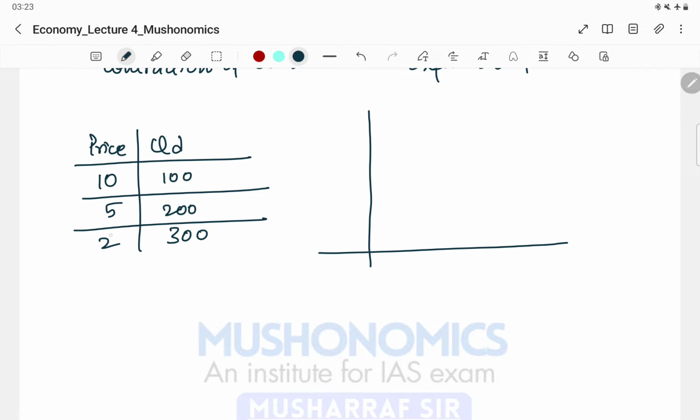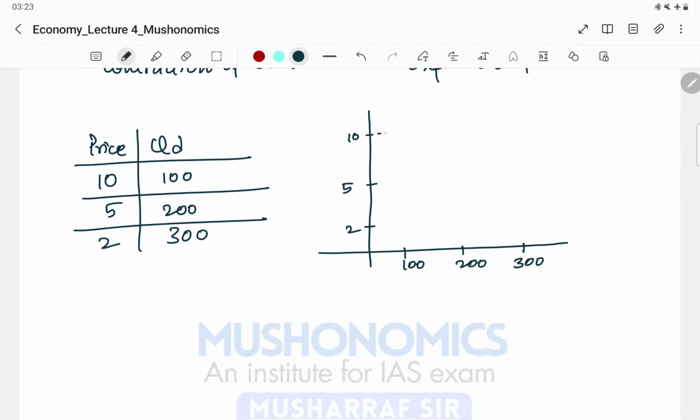So for price 10, quantity demanded is 100, then 200 and then 300.